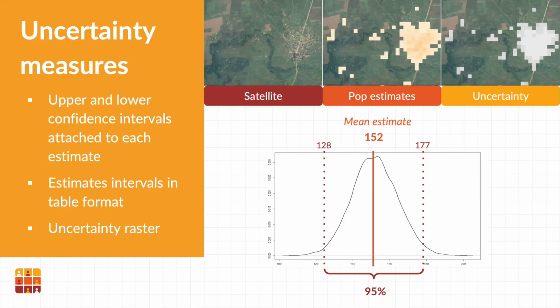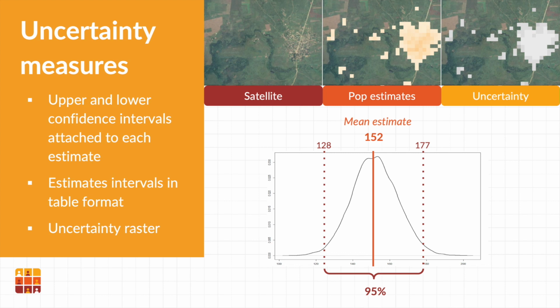We also wanted to mention that we produce uncertainty measures, because we shouldn't forget that each of these estimates comes out of a model, which means they are not ground truth. For each of those grid cells, the population count is going to be a mean estimate. What does it mean? For each of those grid cells, we actually predict a distribution.